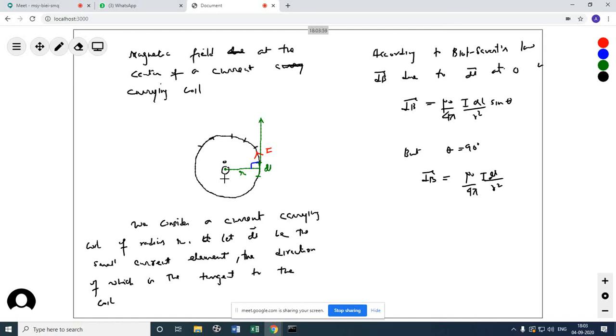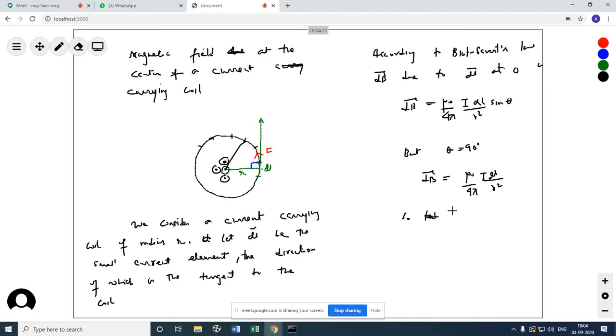according to Biot and Savart's law, we can write the small magnetic field dB due to dl at O, that means at the center, dB vector would be equal to mu naught by 4 pi I dl sin theta by r square.